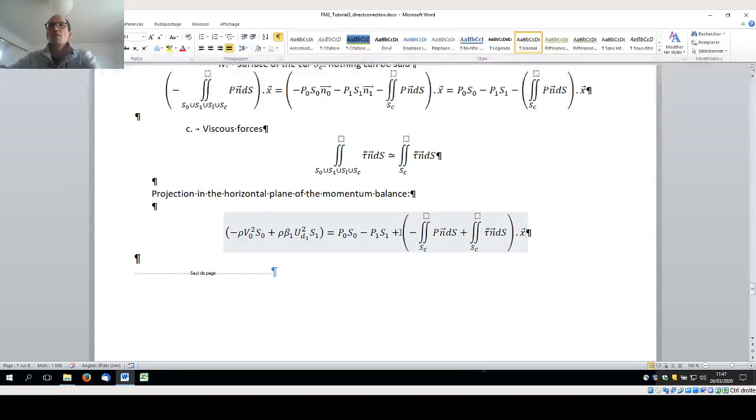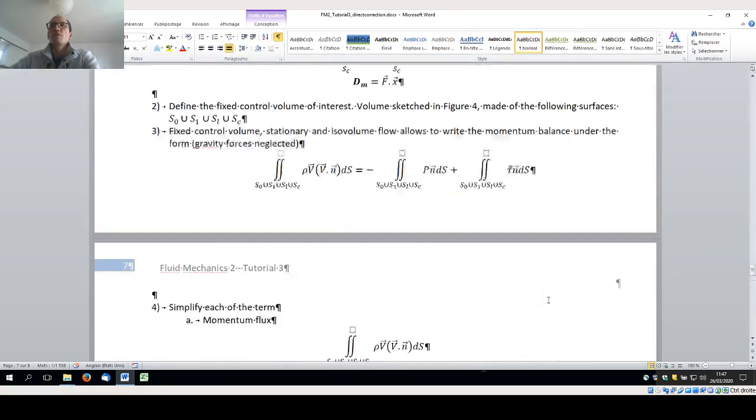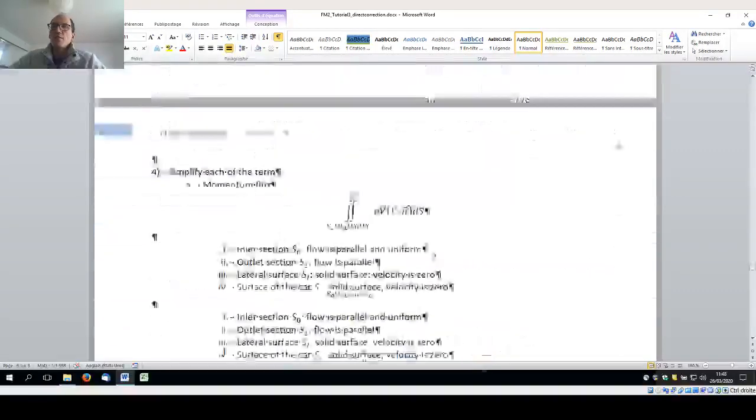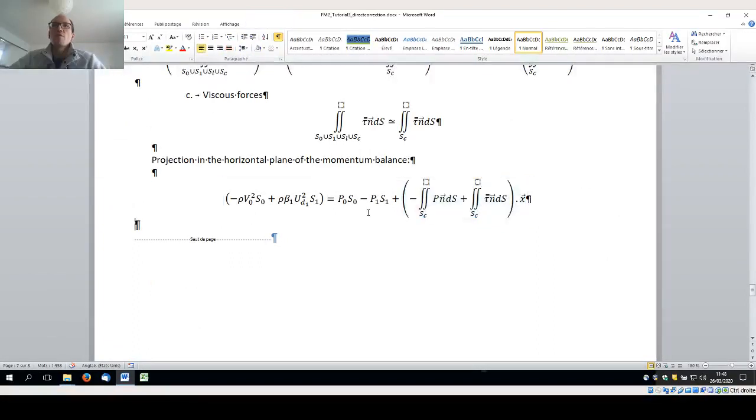And what we can see is that this term here, what is this term? If I go back here, this is actually minus the force, and if it's projected along x, this is minus the drag we are looking for.